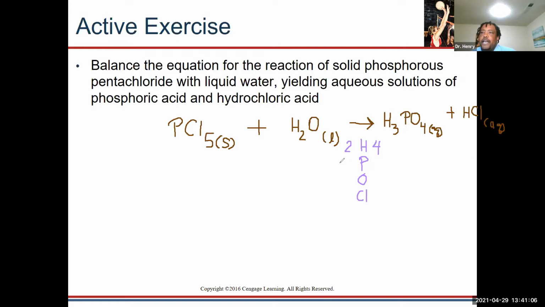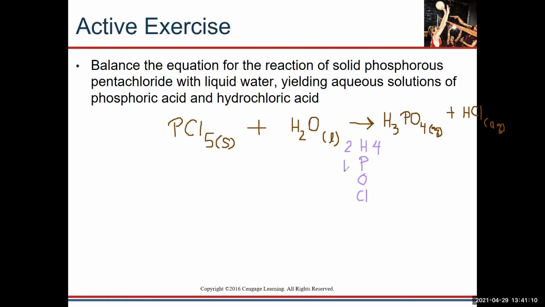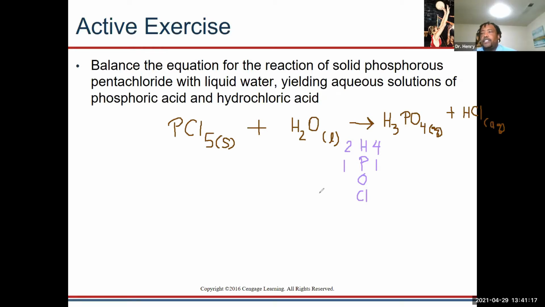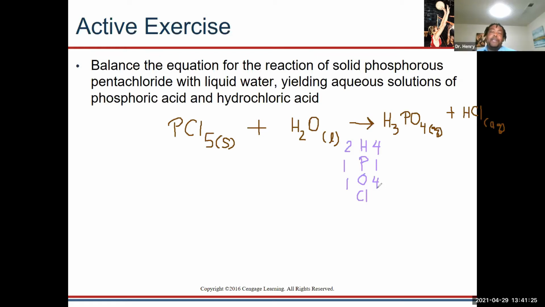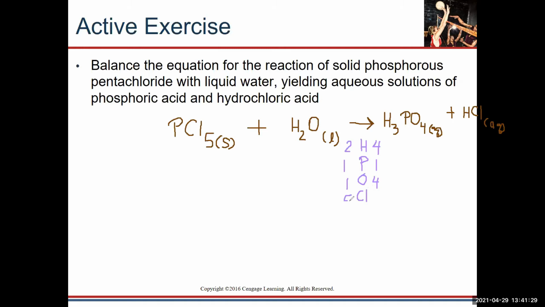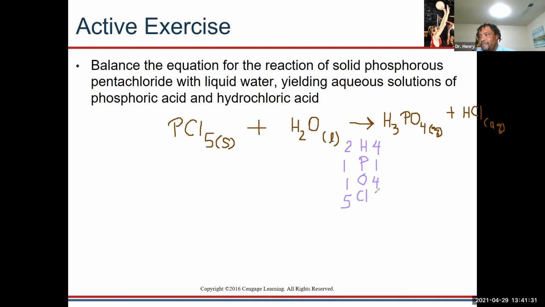On the reactant side, how many phosphorus do I have? 1. And on the product side, 1. On the reactant side, how many oxygens? 1. And on the product side, 4. On the reactant side, how many chlorines do I have? 5. And on the product side, 1.